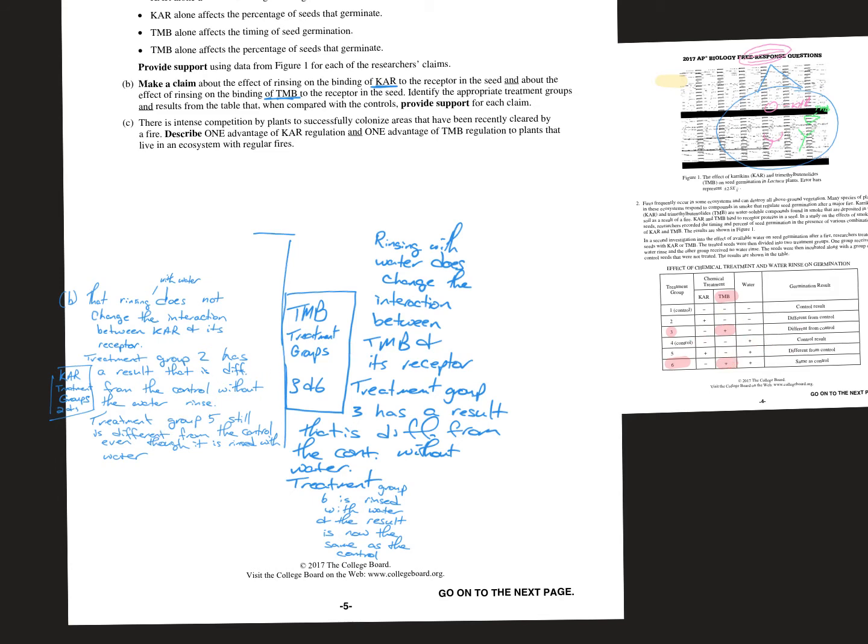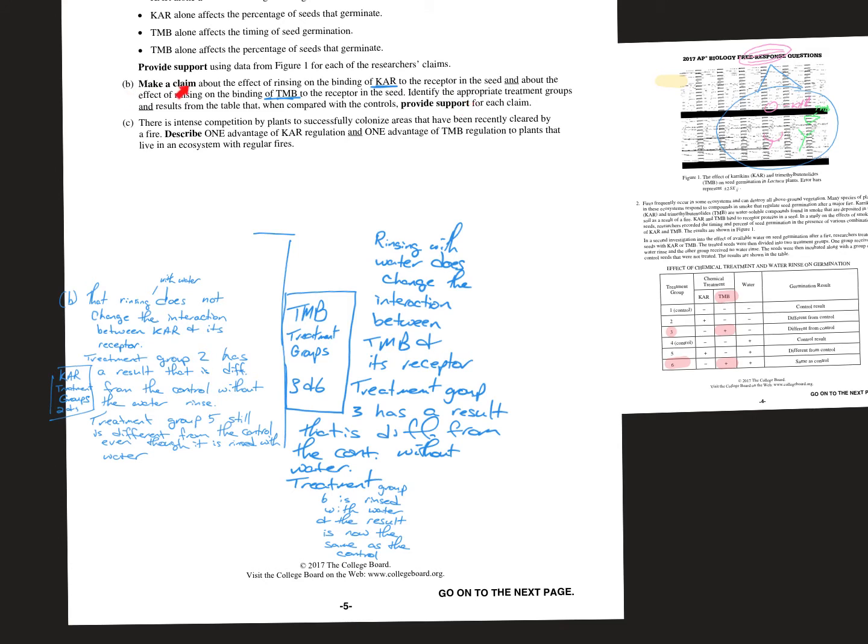You're comparing the rinsing of water and the result of rinsing of water to the CAR column, to the TMB column. You have two sets, right? You have the set without rinsing water, and then the set of experiments where you did rinse it with water. And that would answer your questions and get to your other point for supporting the claim.